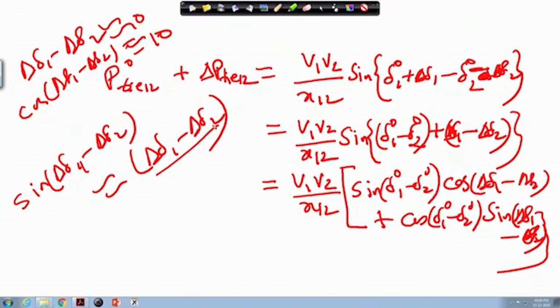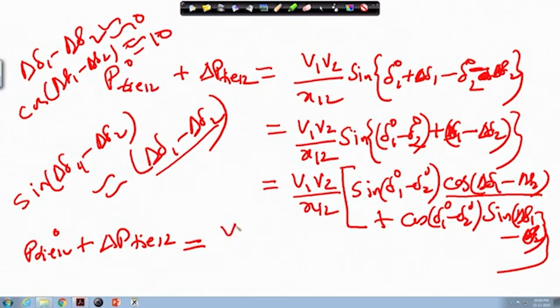Therefore, this equation we can write like this, that P tie 1 2 0 plus delta P tie 1 2 is equal to, right. So, this term is 1. Therefore, it is V 1 V 2 upon x 1 2 sine of delta 1 0 minus delta 2 0, right.